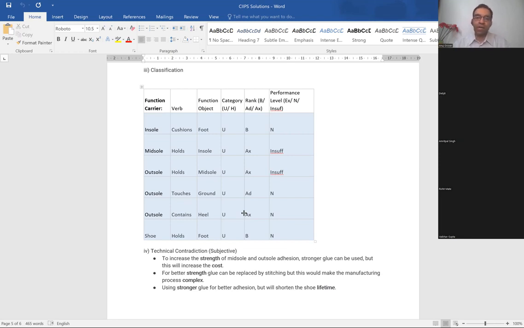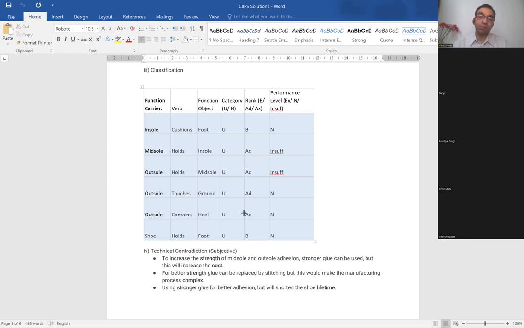So any function acting on the foot, we call a basic function. Shoe holds foot, insole cushions foot, both are basic functions. Nothing in the engineering system says that these functions are being performed insufficiently, so we gave insole cushions foot and shoe holds foot a normal performance level. Midsole holds insole, useful function.